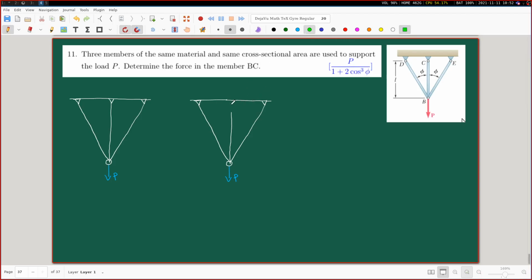And I'll just write a force. This is RC. So let me just name these things. This is B, this is D, this is C, this is E. So here it is RC, pointing vertically upward.